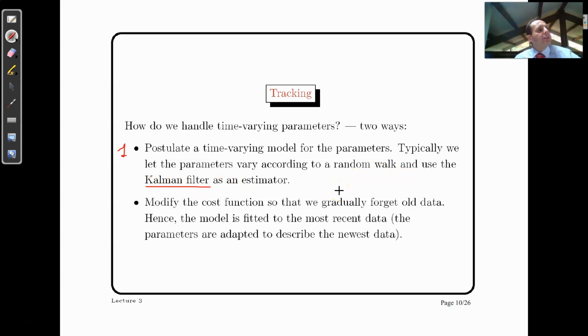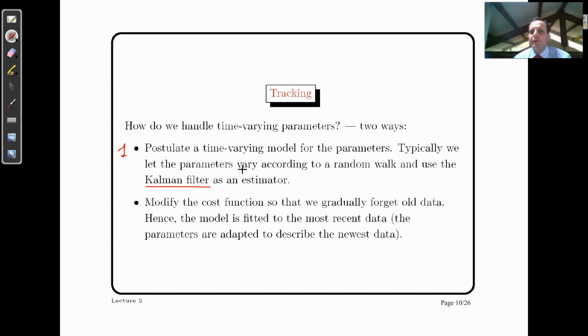The Kalman filter is an alternative approach when you want to estimate parameters, especially time varying parameters. Of course, the Kalman filter can also be used for sensor fusion, when you want to integrate more information or filter out some noise from the data.